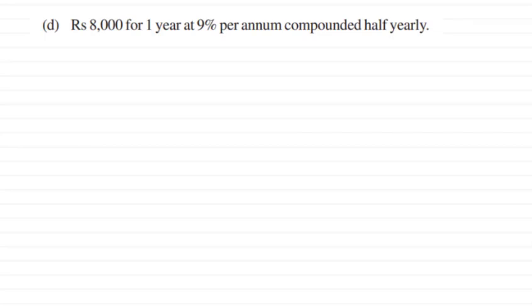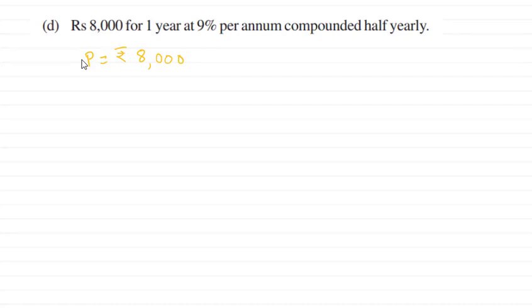Now this is the next part. Here in this question you can see you have P equals rupees 8,000, and the time is given 1 year, and the rate is also given, that is 9% per annum, but here it is given compounded half yearly. Compounded half yearly means we will modify the formula.